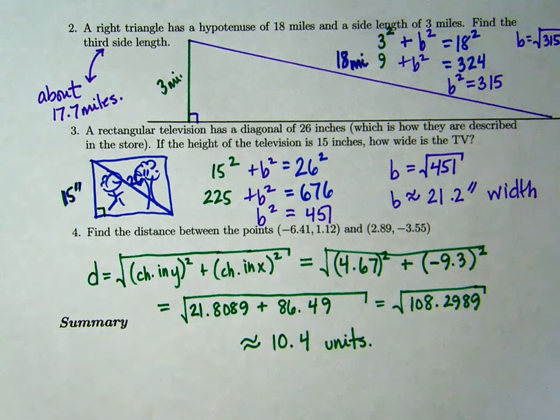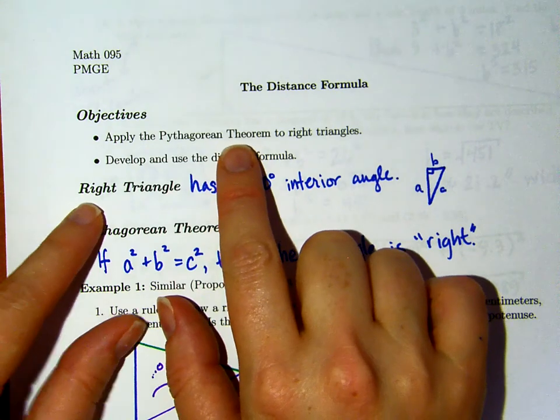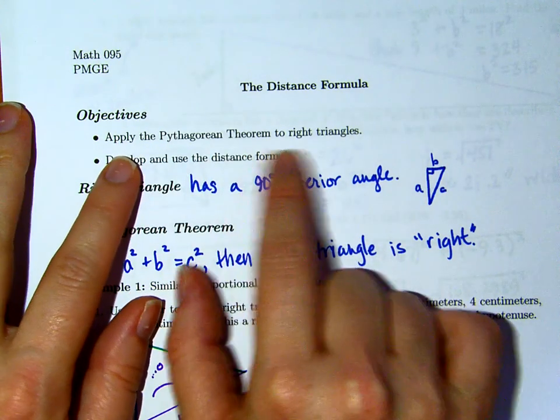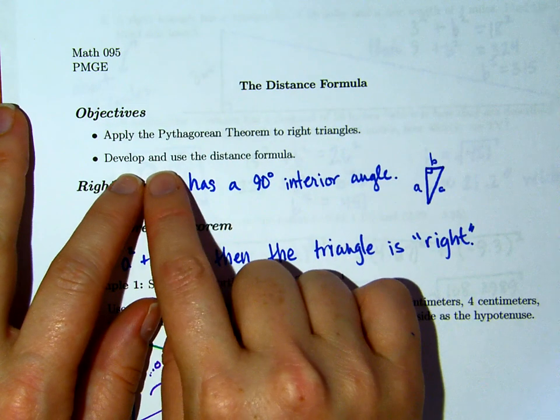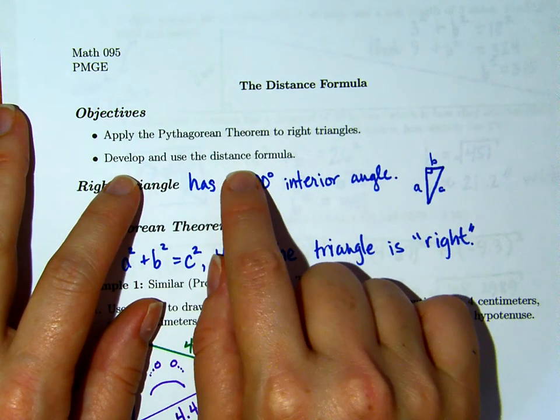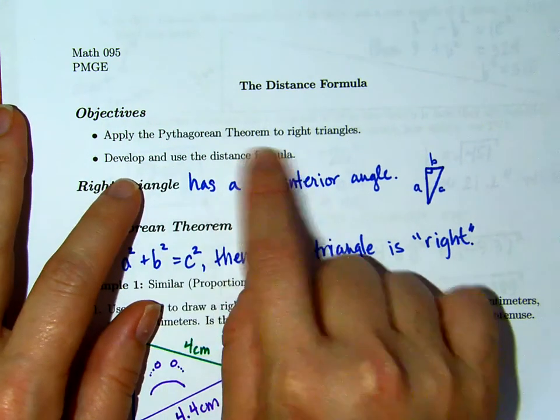Okay, so what did we learn? I hope you learned something. We apply the Pythagorean theorem to right triangles, and we have to be able to do that because that's the cornerstone in developing the distance formula. And this should really maybe say develop and use the distance formula.